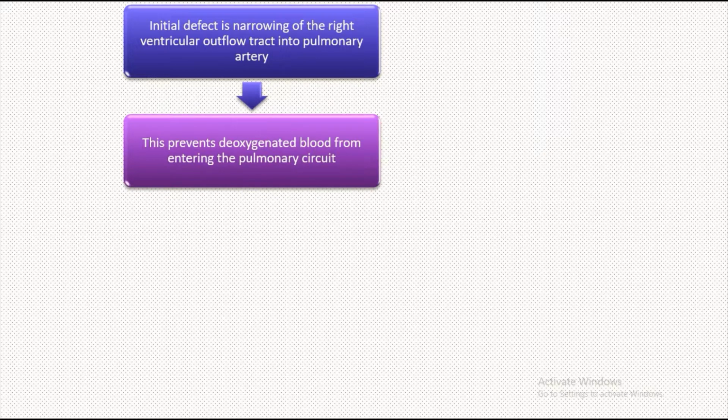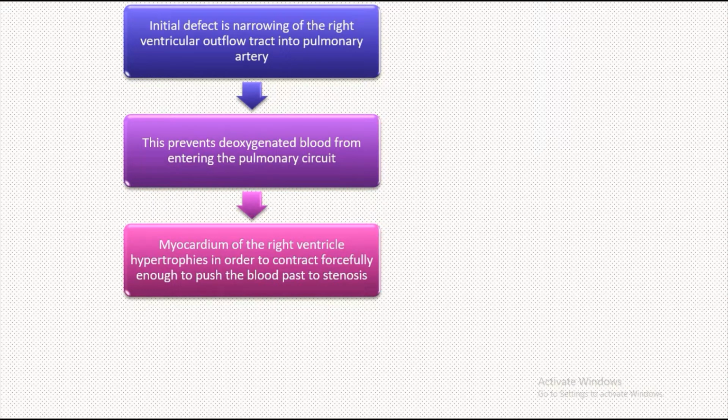The initial defect is the narrowing of the right ventricular outflow tract into the pulmonary artery. This prevents deoxygenated blood from entering the pulmonary circuit, and the myocardium of the right ventricle hypertrophies in order to contract forcefully enough to push the blood past the stenosis.